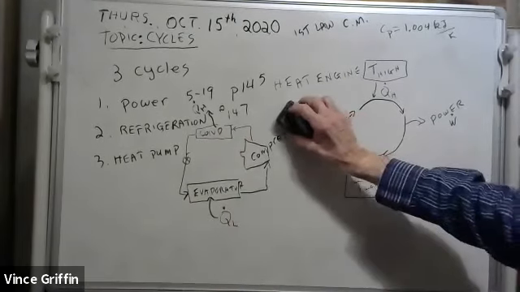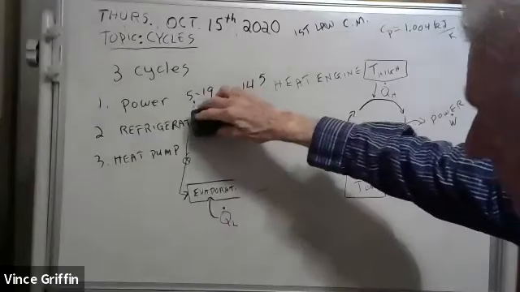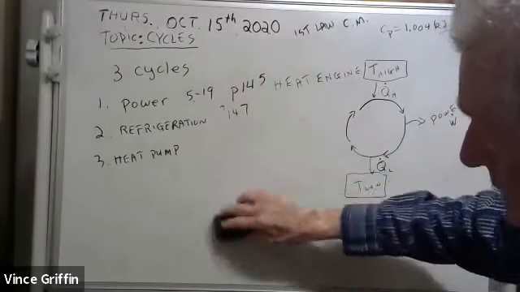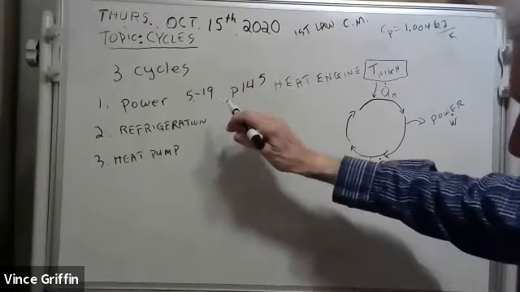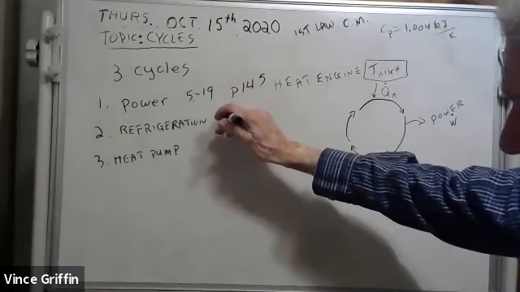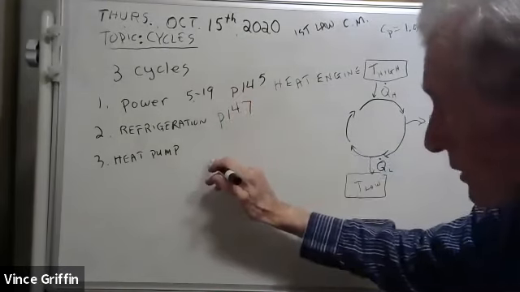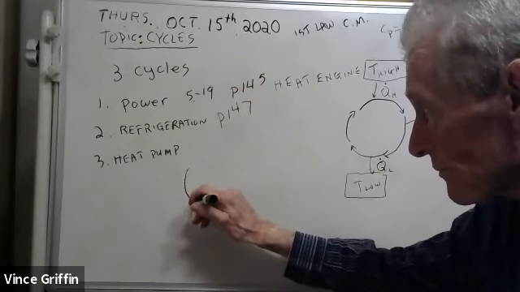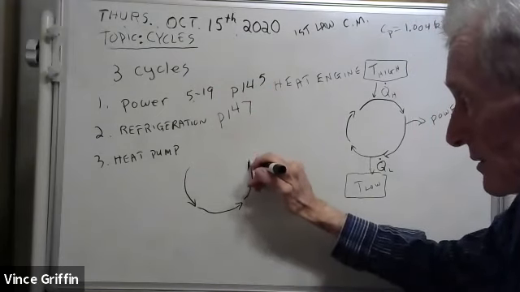So the schematic or the diagram for the cycle, what I call the cycle schematic. And now what I just drew you was on page 147, if you want to look in your book. But if you're doing a refrigeration cycle, the cycle schematic looks like this.